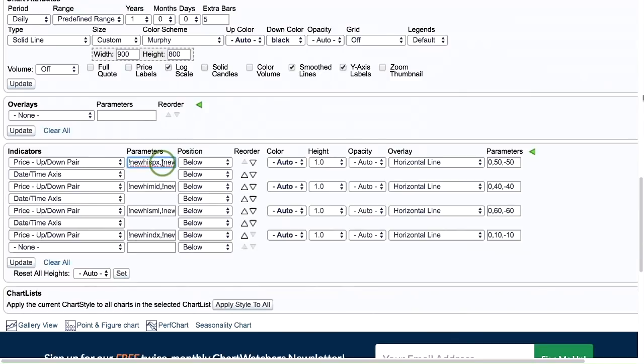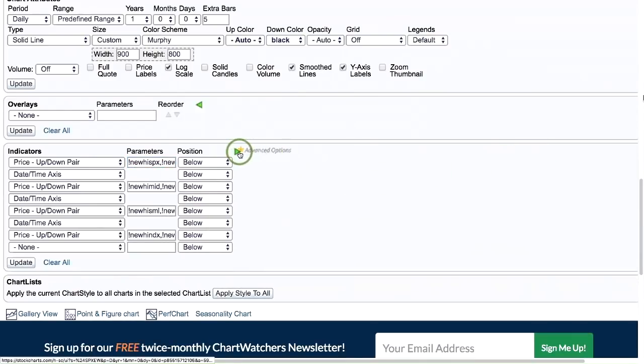And then you would add the two symbols separated by a comma. And it'll put the first one in the positive and the second one in the negative. So you have new highs first and new lows second. And then I added a horizontal line there as an overlay, which you can do by opening the advanced functions.